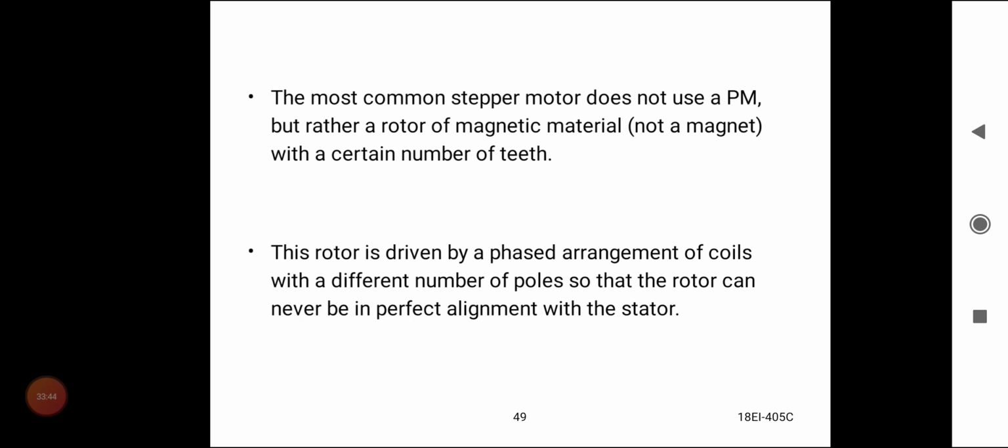This rotor is driven by a phased arrangement of coils with a different number of poles, so that the rotor can never be in perfect alignment with the stator. Here we can remember that this rotor is driven by a phased arrangement of the coils with a different number of poles, so that the rotor can never be in perfect alignment with the stator.